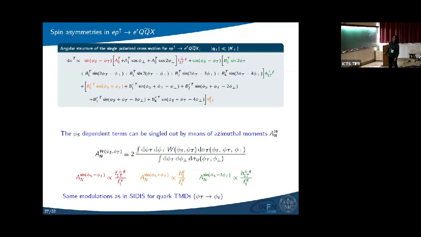And also, the green one is phi_S minus 3 phi_T. Okay. And we made a study also of these asymmetries. Here, these are upper bounds, and for these two kinds of modulation, the upper bounds are the same, so they can be studied together.